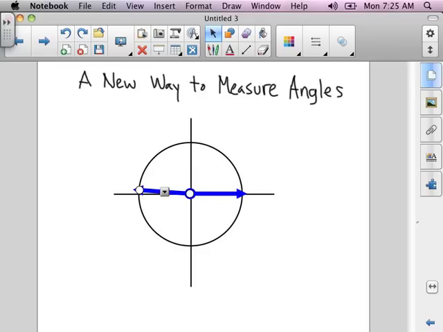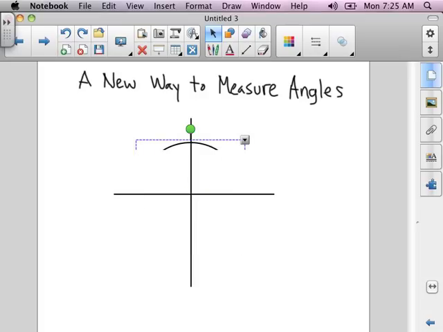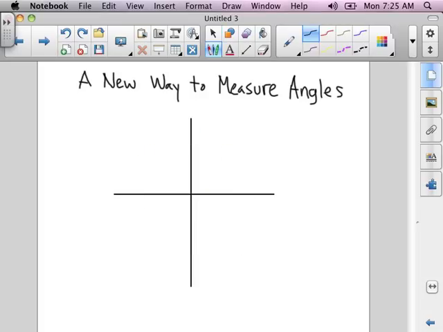So let me delete these so I can draw one, and I'll show you what I mean by that. On this problem, let's say I had an angle, and there's going to be my initial side, and I'm going to sketch my circle again.